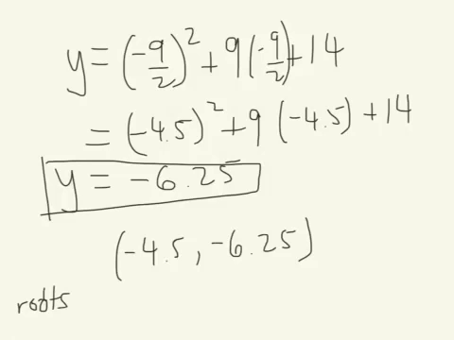Sorry, let's erase a little bit of that. There we go. So our roots were negative 7 and negative 2. All right, so now we've got to graph it.